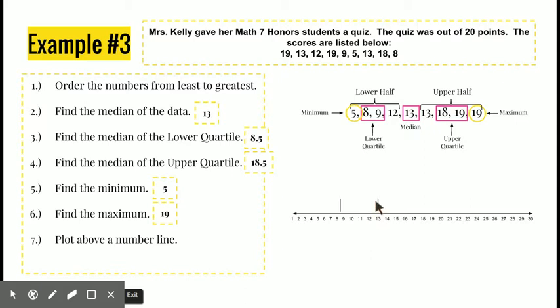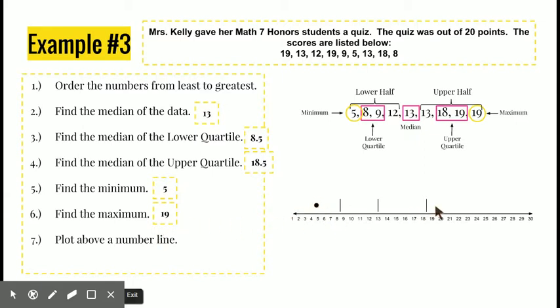So I drew a vertical line at 13, a vertical line at 8.5, and now I'm going to do a vertical line at 18.5. I'm just going to leave that there for now. So that's all you have to do with the medians. All the medians have a vertical line. Now the minimum, we're just going to put a dot, because remember we have to have those whiskers.